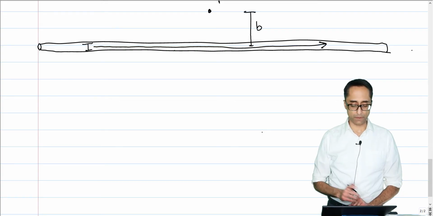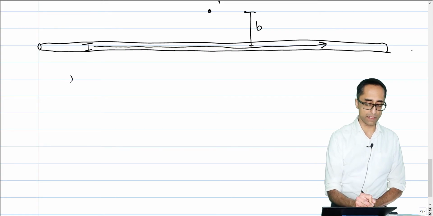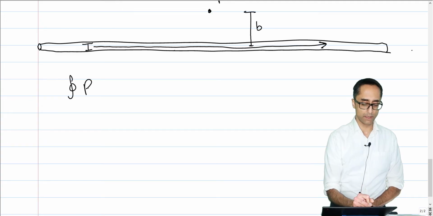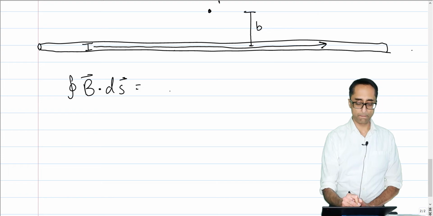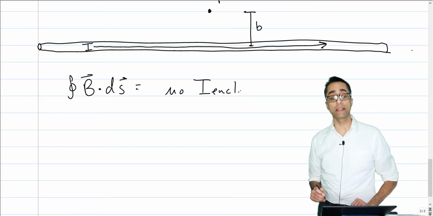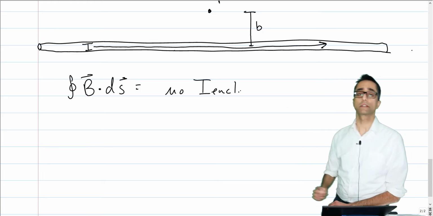I'm going to start by writing down my equation, choosing to use the integral of B dot ds equals mu naught times I enclosed. That means I need to start with a dot product.